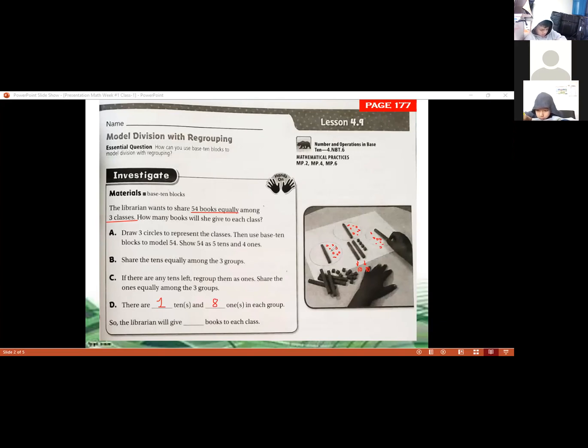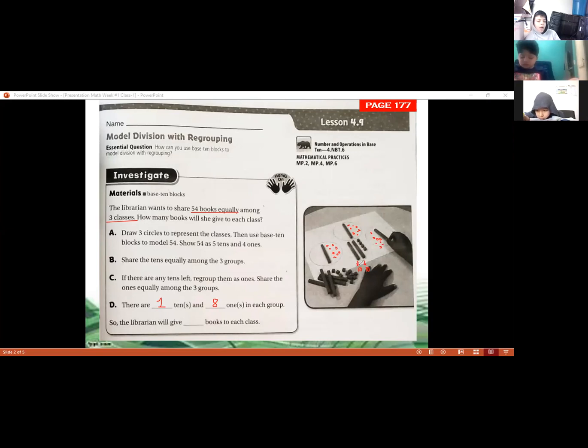We have 8 ones and 1 tens. Remember, 1 tens is this one that you see here. 1 tens black. And 8. Why 8? Remember that we have left over these 2 tens. So in letter C, it says, if there are any 10s, so in this case, these 2 10s, regroup them as 1.